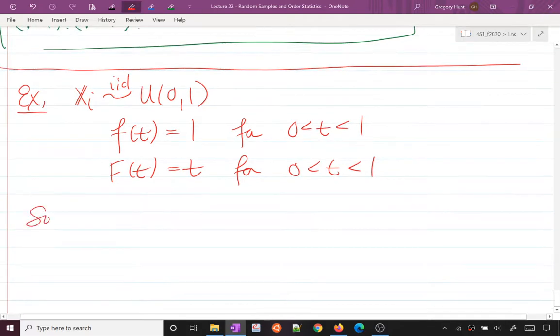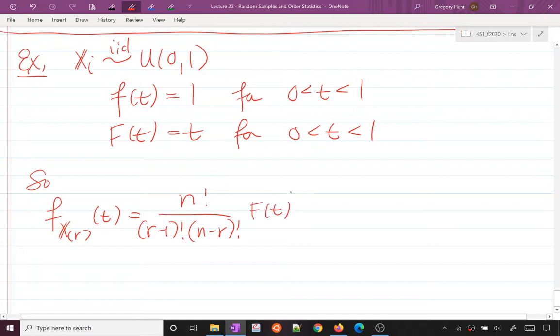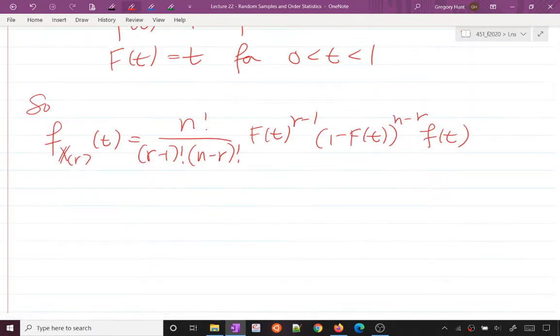And so if I plug in my formula, the distribution of my rth order statistic is n factorial over r minus 1 factorial, n minus r factorial, F of t to the r minus 1, 1 minus F of t to the n minus r, little f of t.